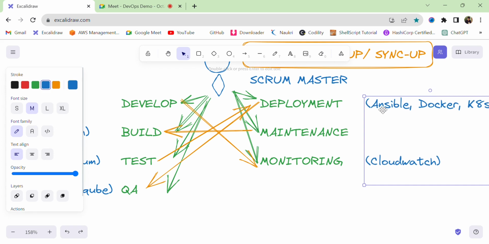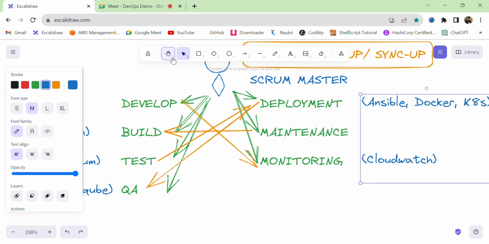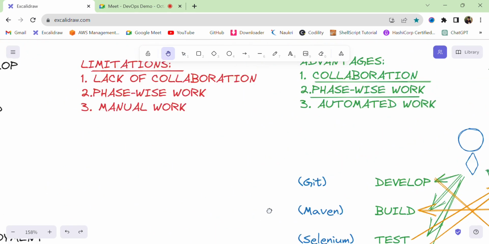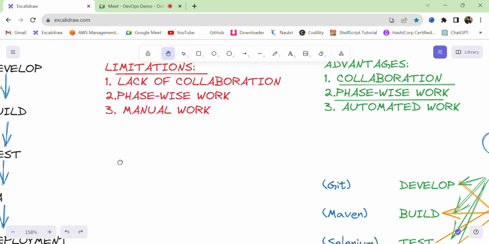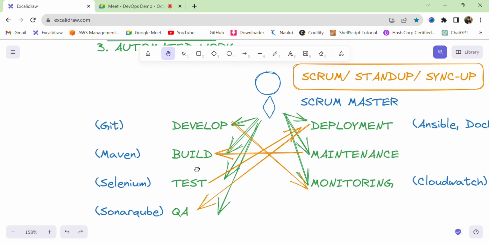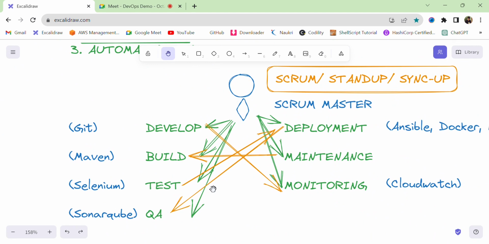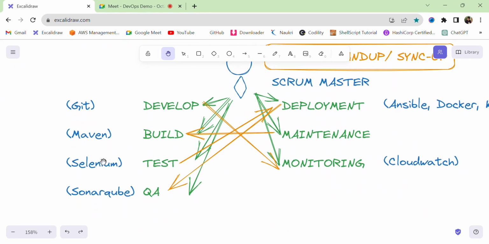You can see the manual process that was there in the waterfall methodology was eliminated with the use of different tools. And with these tools, rather than deploying once in a year, deployment started happening once in 15 days, or let's say once in a month.